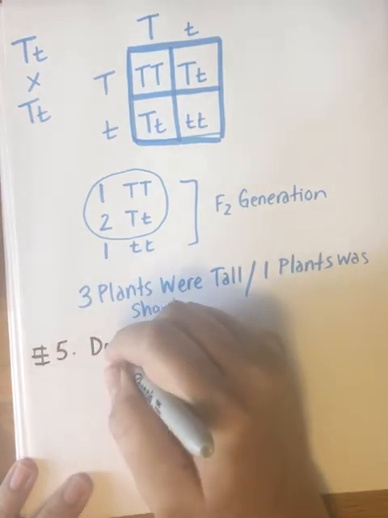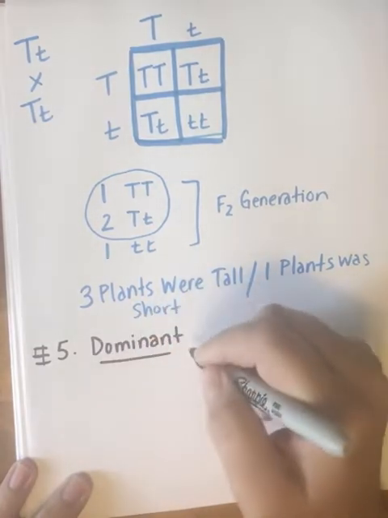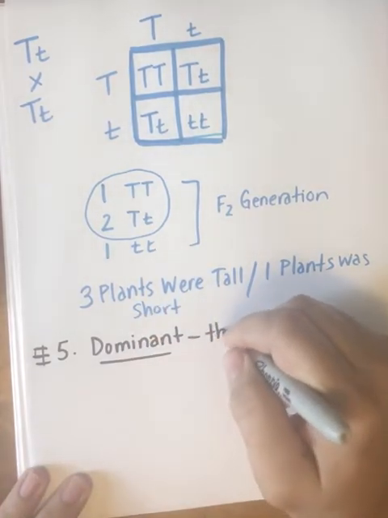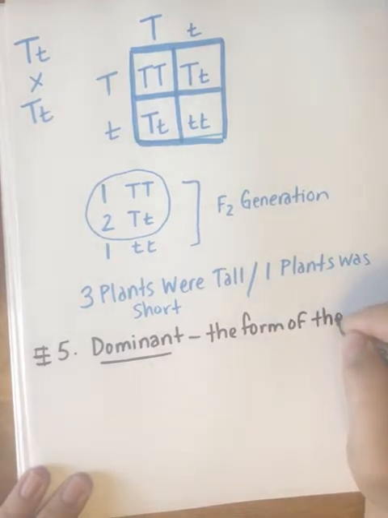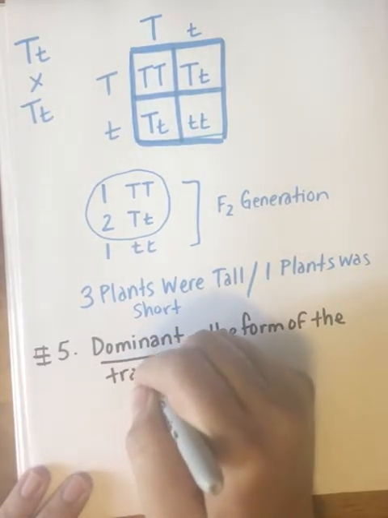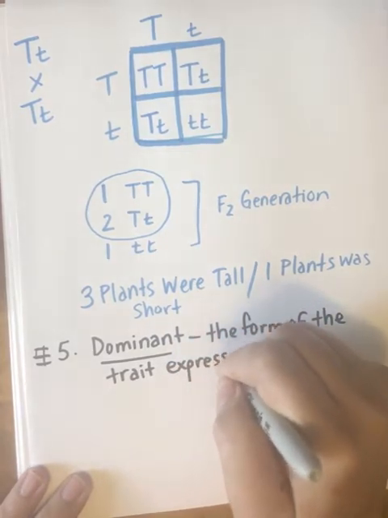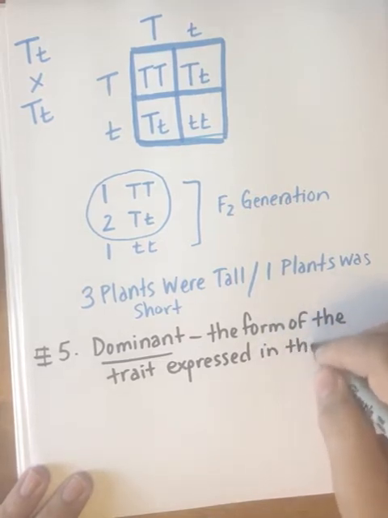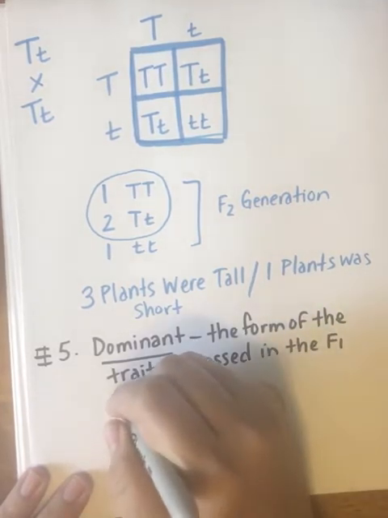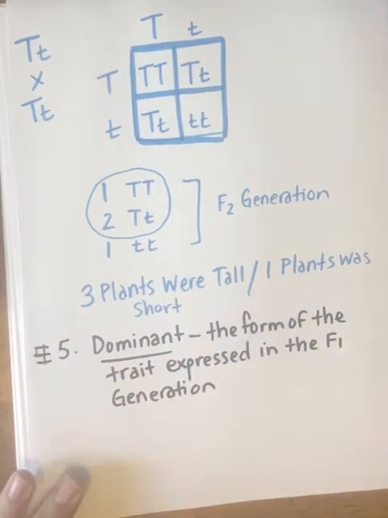If you are having traits that are dominant, the form of the trait is expressed in the F1 generation, which we saw.